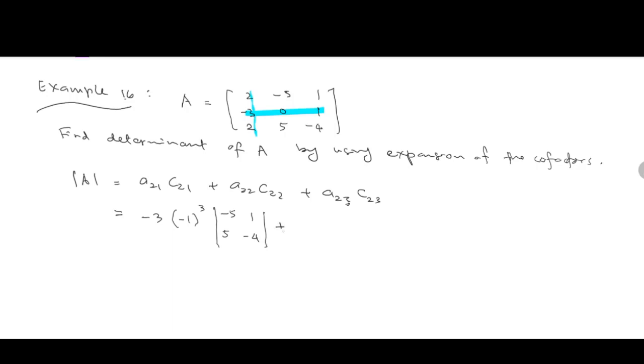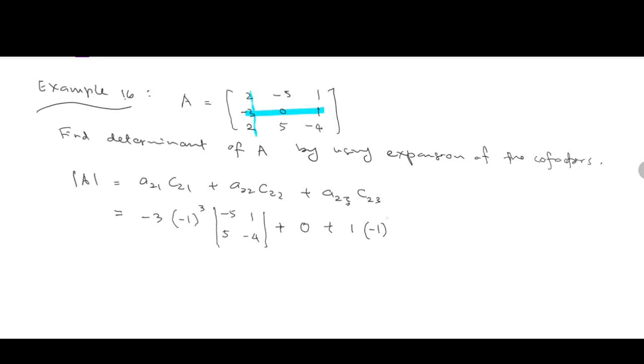Okay, plus A22, that is the element in the second row, second column, that is 0. 0 multiplied by its cofactor, so we don't need to find the cofactor because 0 multiplied by any number will be 0.